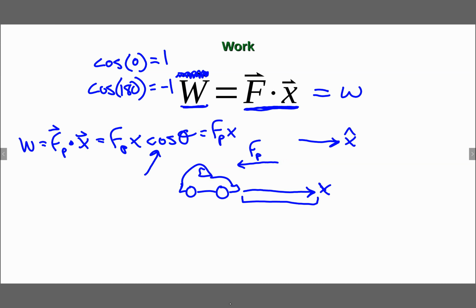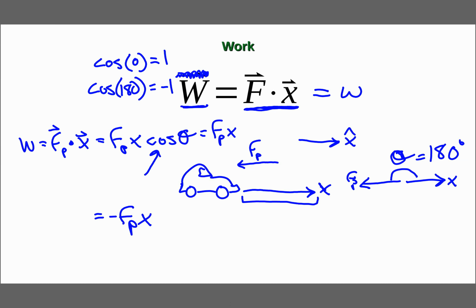So if the car is displaced in the x hat direction, but my push was against that, then this angle between the direction of displacement and the direction of the push, theta, equals 180 degrees. Instead of the work being FPX, it's equal to minus FPX. So I can do negative work on an object when I'm opposing the motion of the object.